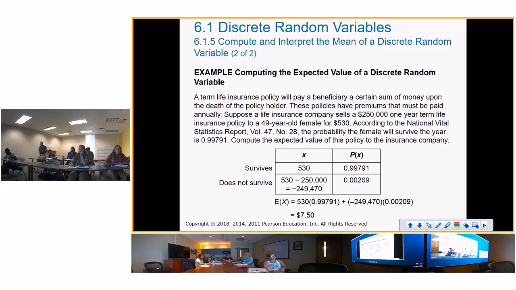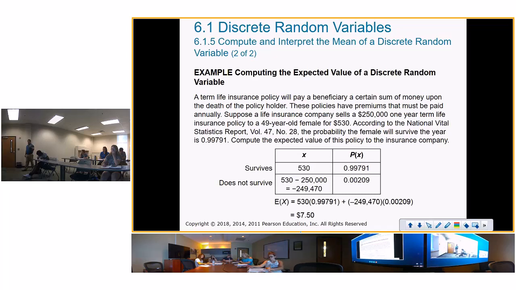So the first part of this question is for you to make the table, put dead, live, and put the probability for live and the probability for dead right here. That's the first part of the question.